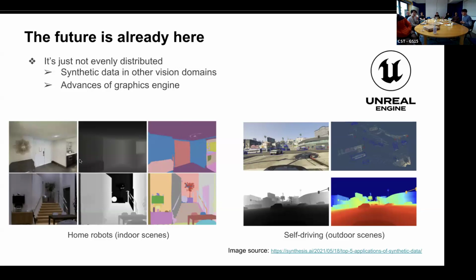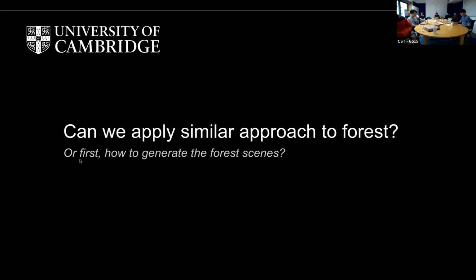Another very important application is self-driving, where people control all those things and then render the vision data to do the training. Because some things are very difficult to get in the real world, right? You want self-driving to be very safe, but you can't expect to have many accidents in the real world. That's not an ideal way to collect this data, but it's possible through synthetic data.